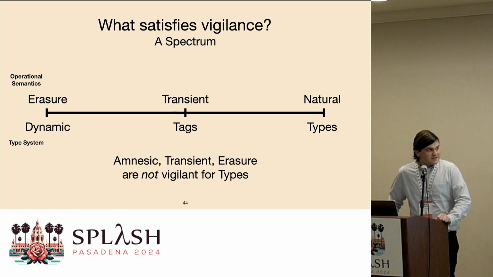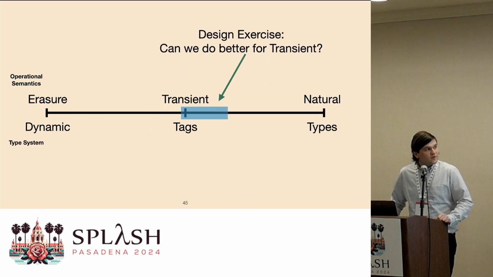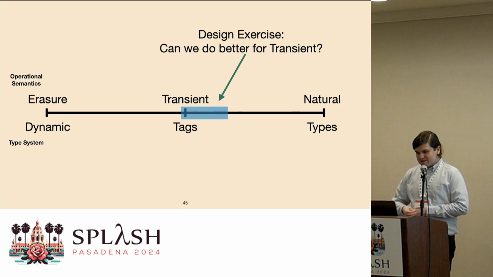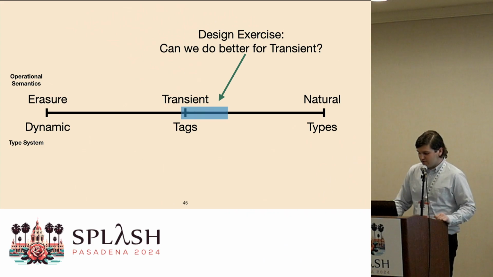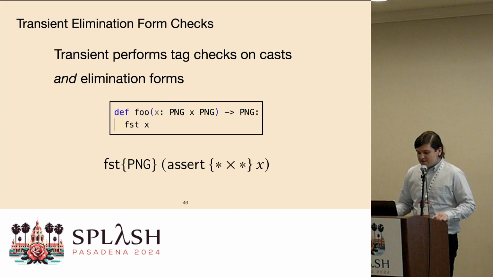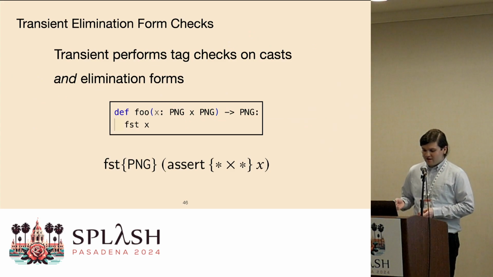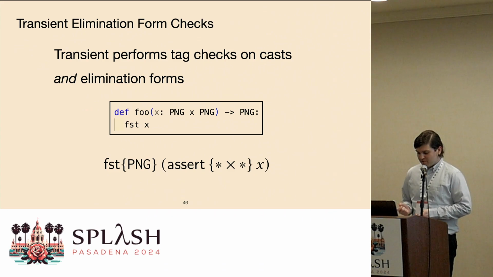So looking at this, we kind of wanted to perform a design exercise, which is, can we do any better for transient? Because we were noticing something while looking at transient programs. So transient performs tag checks on casts and elimination forms. And that's key to the safety property. But it also means there's something more interesting going on than just the top-level type constructor.